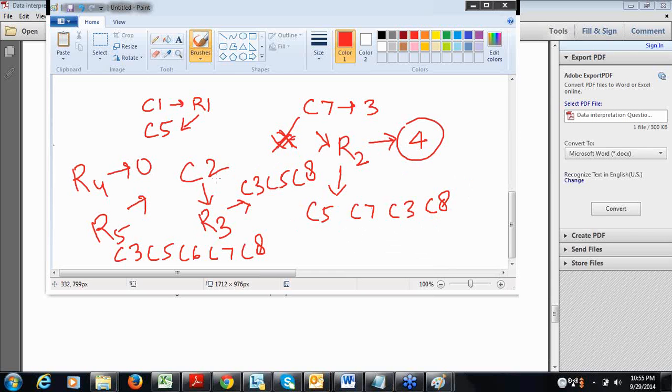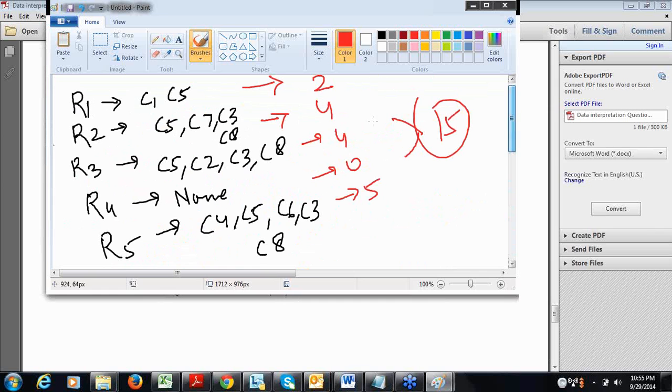Similarly, for region R3, if C2 is there, who else will be there? C3, C5 and C8. So that will be region R3. For R5, we have already found out we will have 5 competitors. So the numbers we have given are R1 2, R2 4, R3 4, R4 0, R5 5.